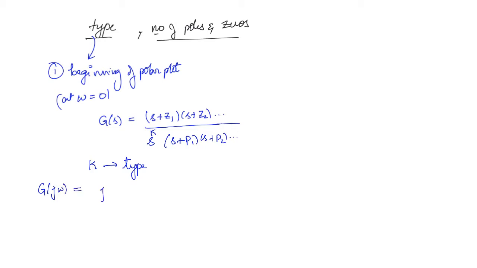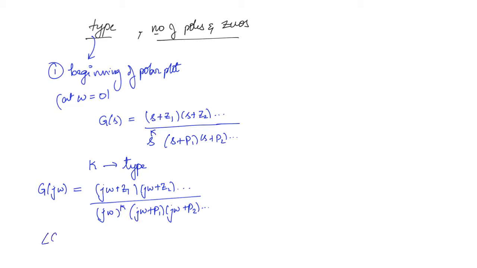So this will be equal to j omega plus z1, j omega plus z2 into so on, divided by j omega power k into j omega plus p1 into j omega plus p2 into so on. From here you can get the phase of the function like this: tan inverse omega by z1 plus tan inverse omega by z2 plus so on.